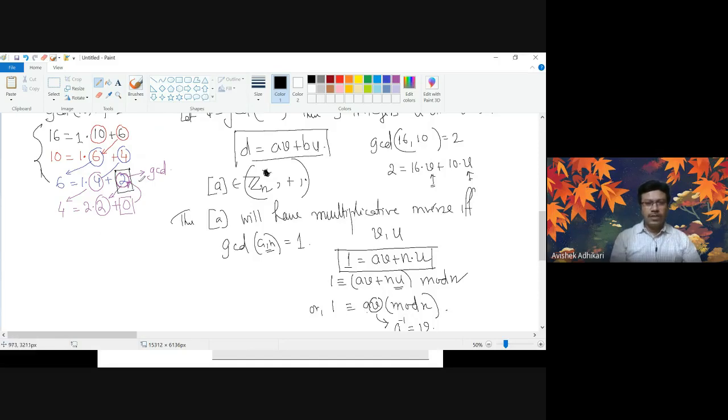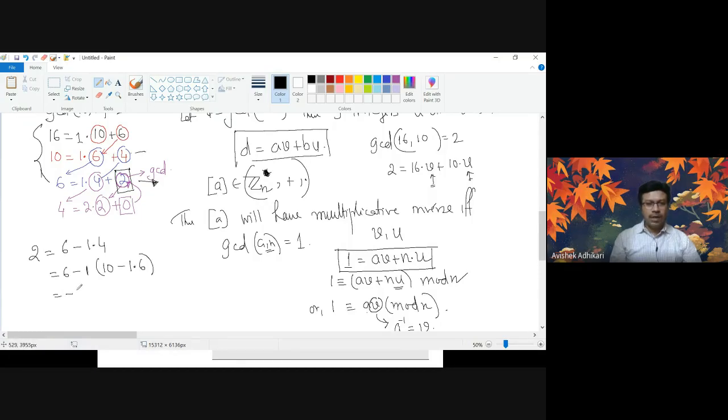Let us have a look. From this equation, I will just backtrack. So 2 equals, how do I write 2? Equals 6 minus 1 into 4, equals 6 minus 1 into, now replace this 4 by the 4 from this equation. So 1 into 4 is nothing but 10 minus 1 into 6.